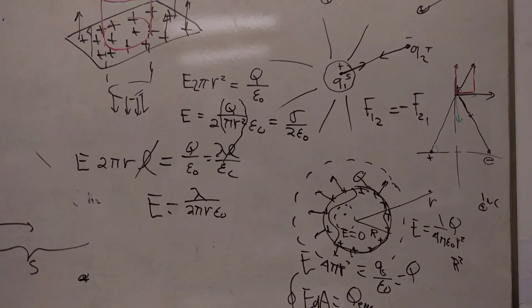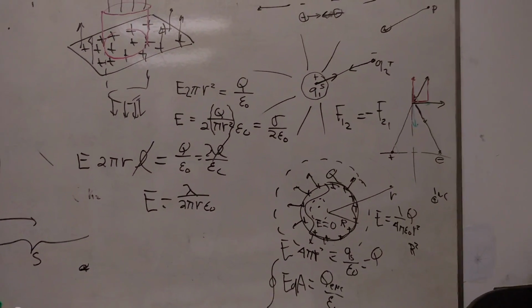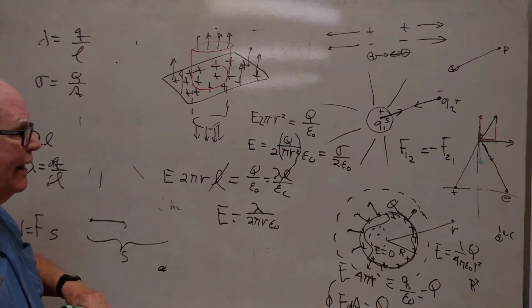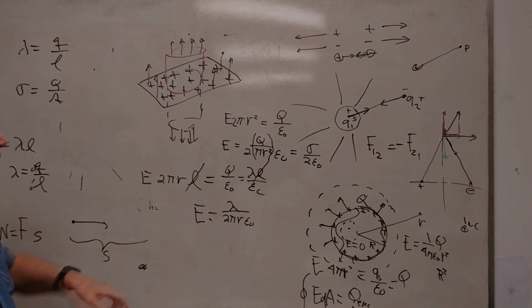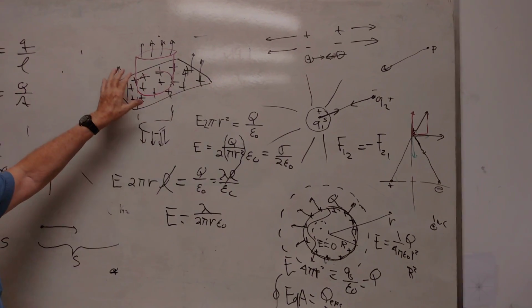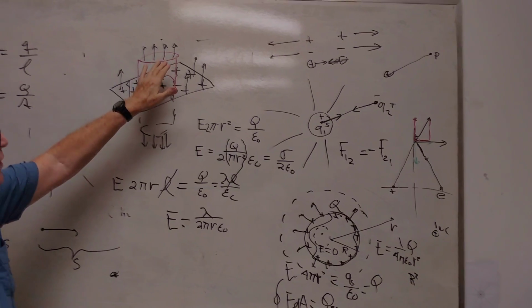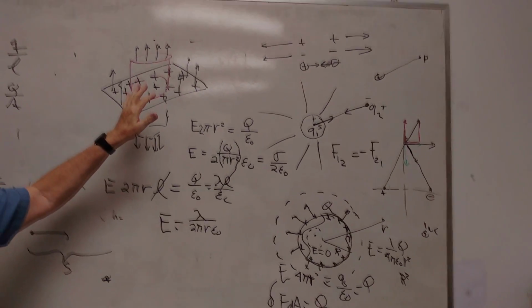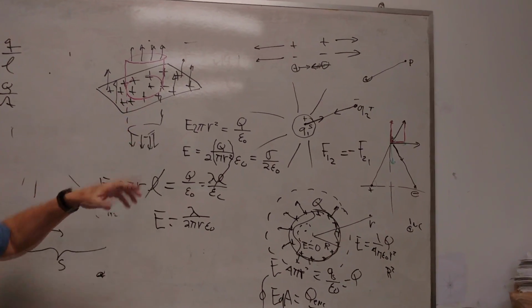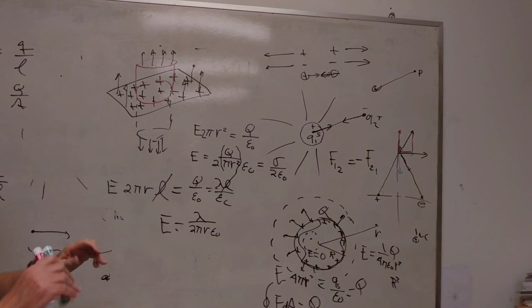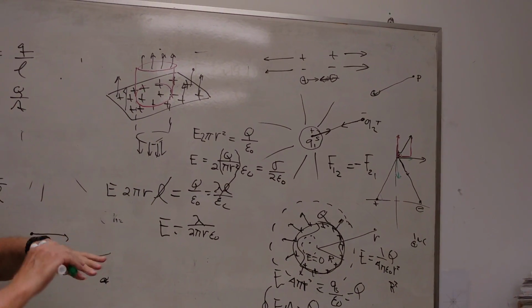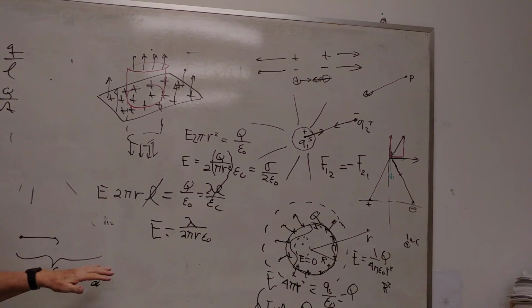That's the field of an infinite plate at any distance. You see that the r disappears, because it's the area, not the distance. How nice. The sphere is 1 over r squared. The rod is 1 over r. And the plane has no r.